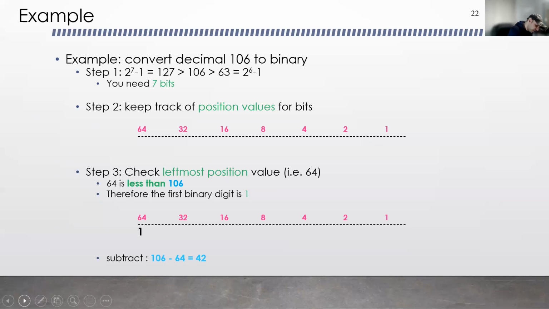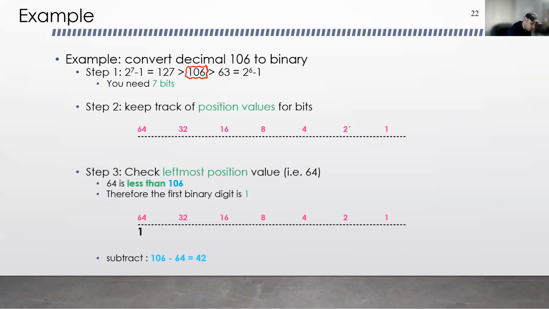You want to convert 106. So what you're gonna do is you write down the weights, 2 to the power of 0, 2 to the power of 1, 2 to the power of 2, until you reach a weight which is greater than the number that you want to convert. Okay, so let's do that.